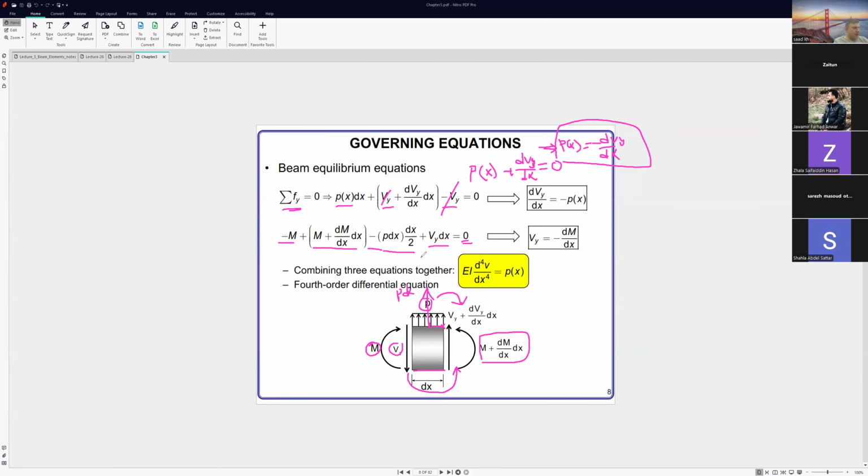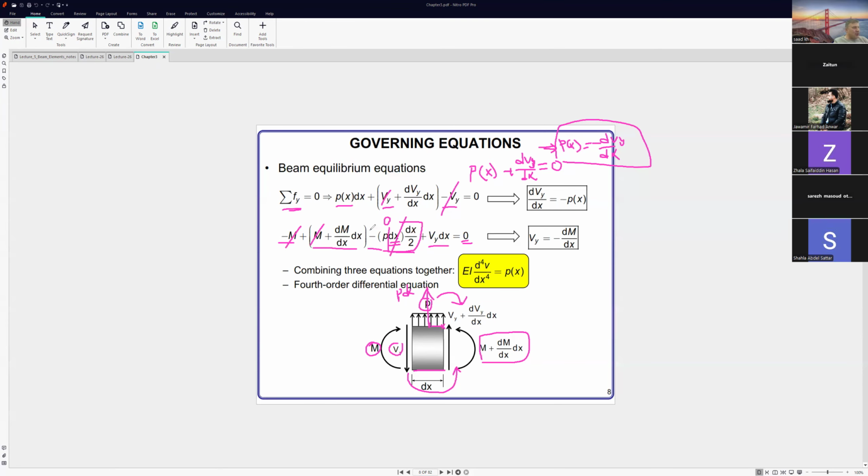Now we should make the simplification. Minus M plus M cancel each other. We have dx, a small value, times dx over 2, which will be too small. That's why we can neglect it.